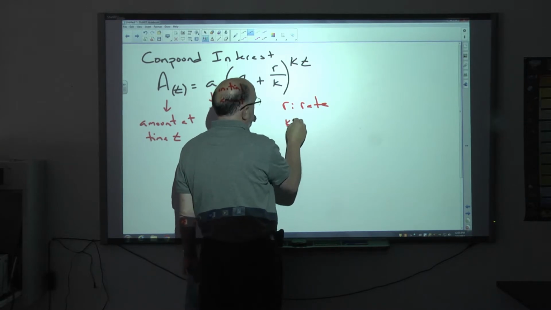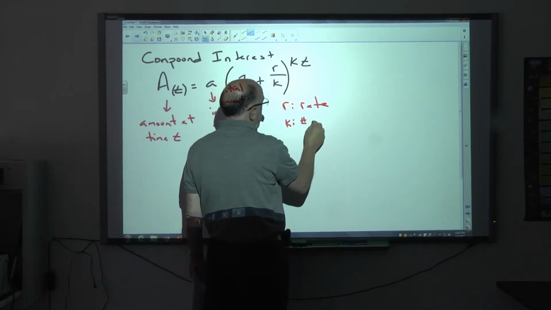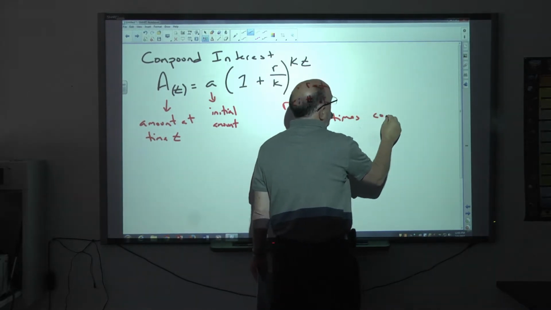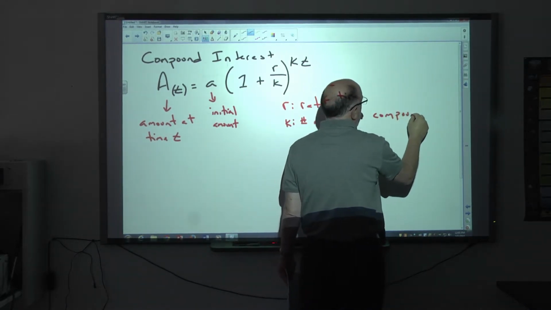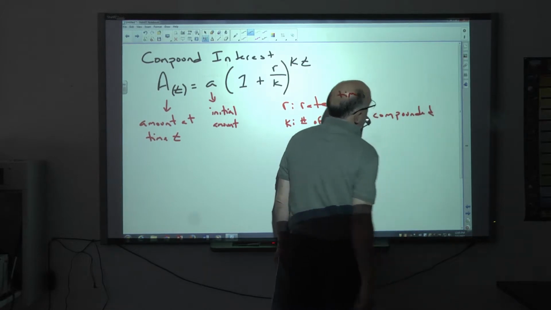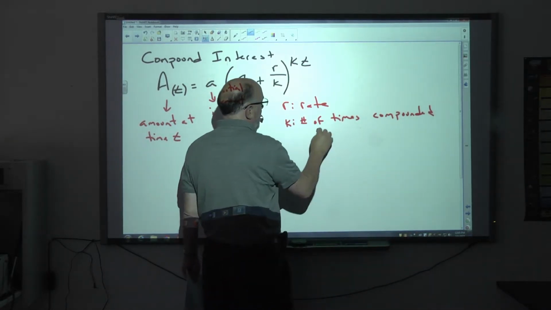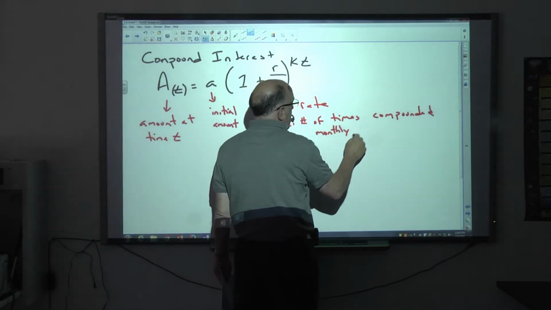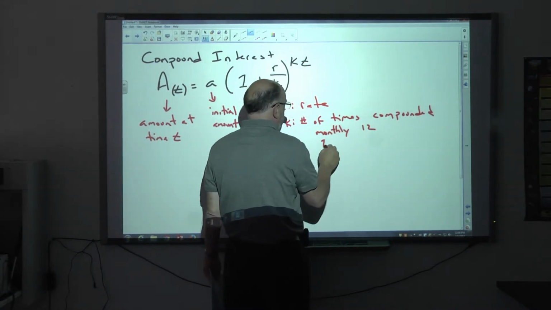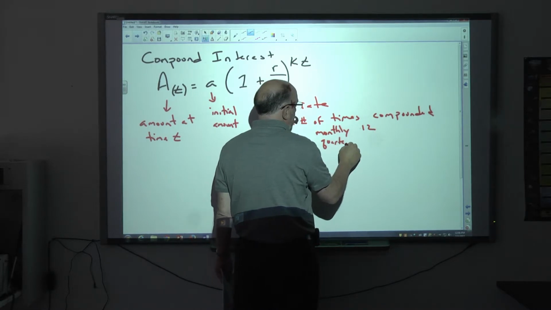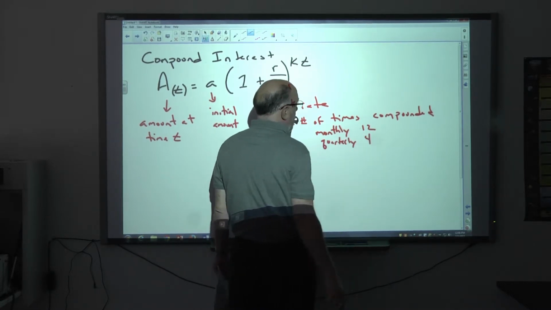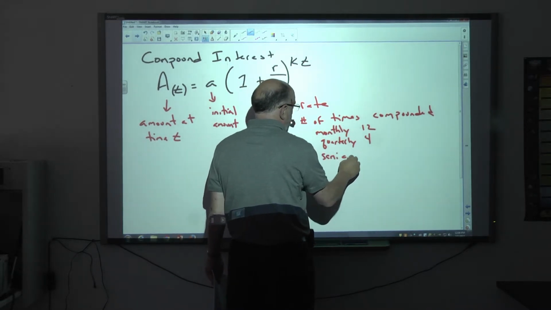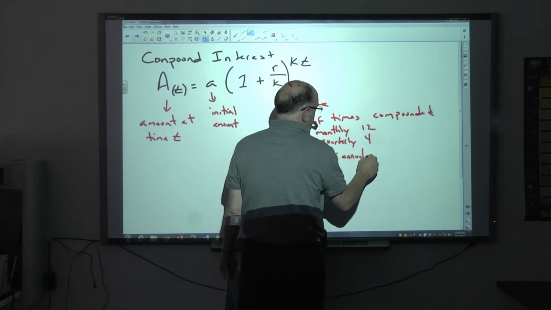K is the number of times compounded. So, for example, if it's monthly, that would be 12. If it's quarterly, that would be 4. If it's semi-annually, that would be 2.